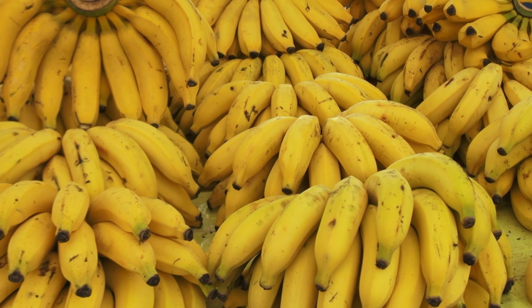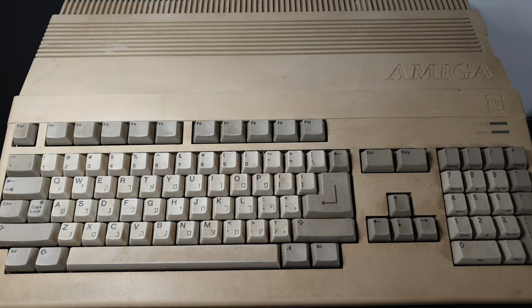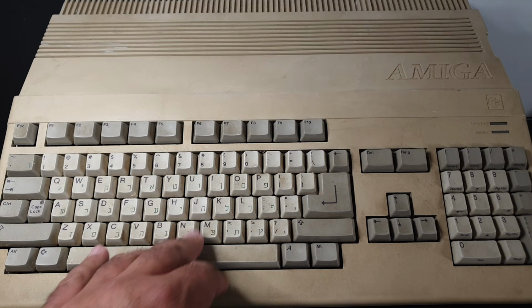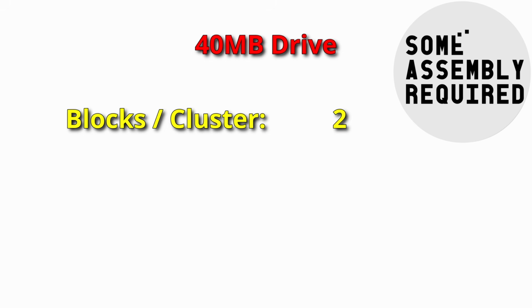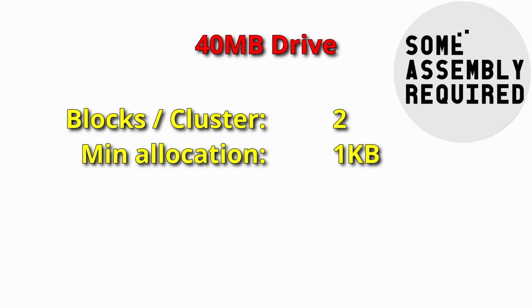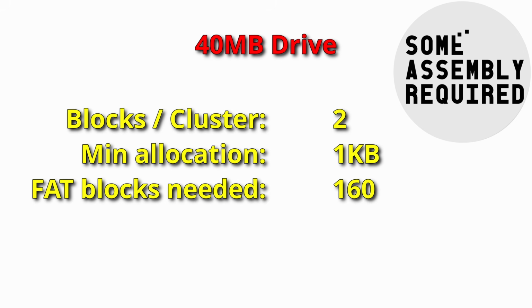My 40 megabyte hard disk was on the Amiga, which used a different, better file system, but had it been on a PC, it would likely have been formatted with 2 blocks per cluster, meaning that the minimal allocation size would be 1 kilobyte. So a single byte file would take up 1 kilobyte of disk space. Not great, but it's a reasonable compromise, especially if you consider that FAT itself takes less space this way too.